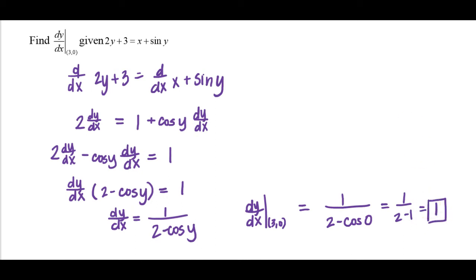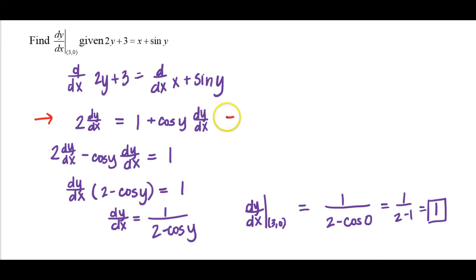Now, one of the reasons I wanted to go over this type of problem is because we didn't actually need to go past this line right here. If we're trying to find a numerical derivative using implicit differentiation, once you've taken the derivative of both sides with respect to x, it may be easier to substitute in the values of x and y into all of the x's and y's that are left over.